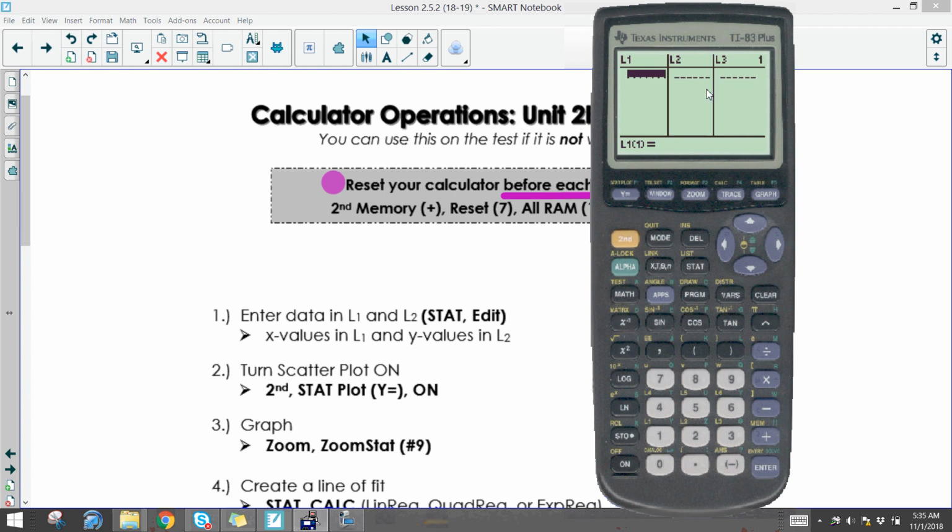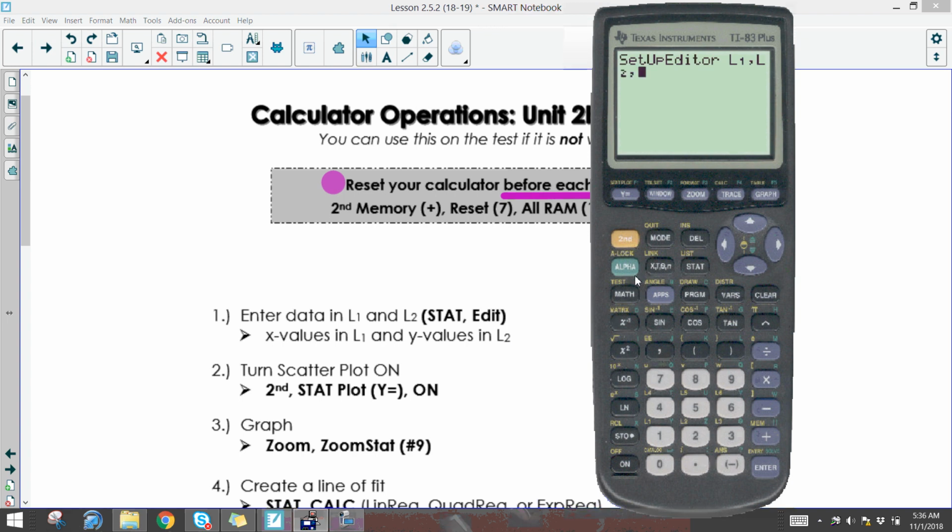Side note, sometimes in science you change those names. If you have L1, L2, L3, you don't need to worry about that. But if that ever happens, you hit stat, and go to setup editor. And then hit second 1. So it says L1 and then comma, which is right above the 7.